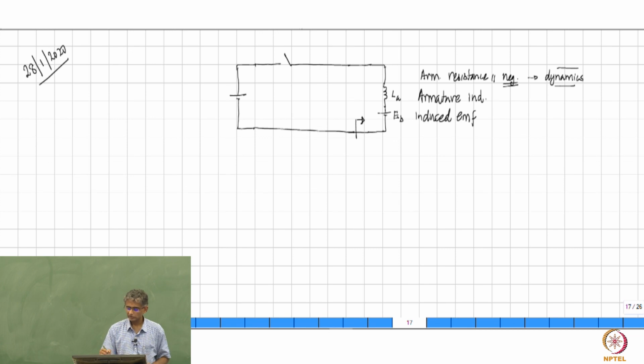So if you close the switch, basic electrical circuit, which I am sure everybody would have done at some stage or the other, says that if this is VG and this is EB and you close the switch, a very simple circuit is the result, which is your VG, there is an inductance and then there is EB. This is all there is in a circuit.